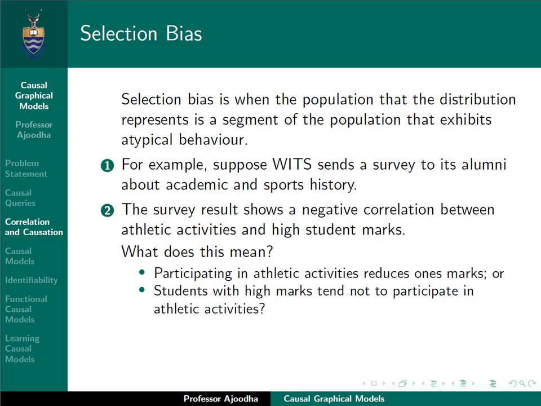Another interpretation might be that students with high marks tend not to participate in sports. But there is another possibility. Perhaps the people who responded to the survey are not representative of all the students. And so the observed relationship may be caused by the sampling process rather than the real causal effect.